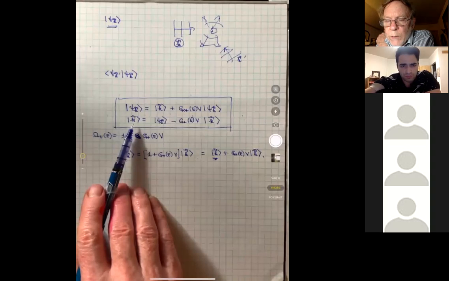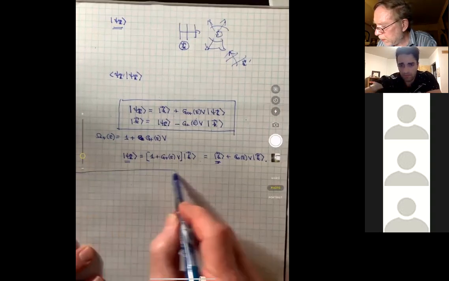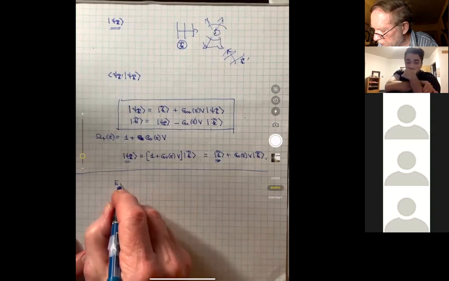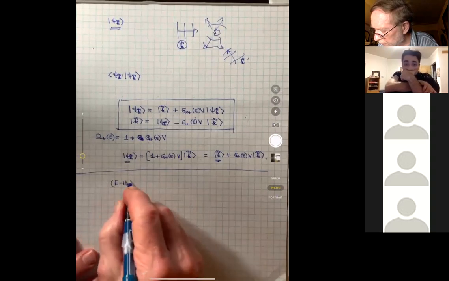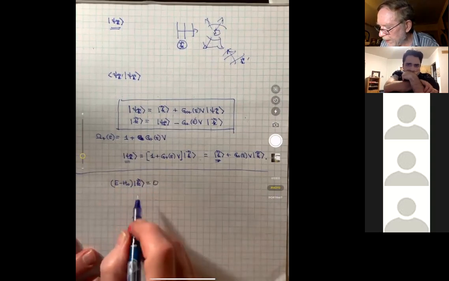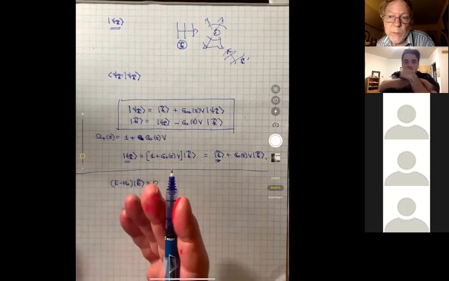So let's imagine some kind of weird world where we could solve the exact problem with the potential, no trouble at all, but we don't know how to solve the free particle equation. That means the equation we'd like to solve would be E minus H0 acting on k equals 0, where k is the unknown, we can pretend we don't know what it is.